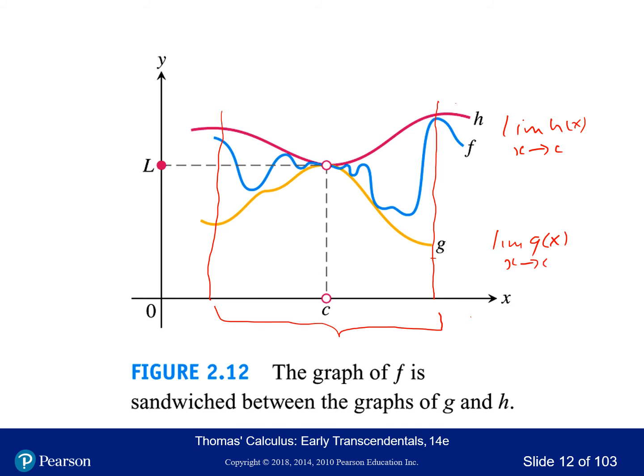Obviously, the limit of h of x as x goes to c is equal to L. And the limit of g of x as x goes to c is also equal to L. But how do we prove that this limit equals L? We have to first prove that if you approach c for h of x from the right, it gives you the same value as if you approach it from the left, and that justifies that this limit exists. The same goes for the function g of x.